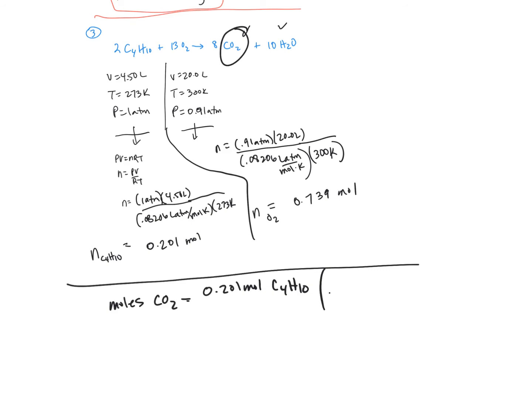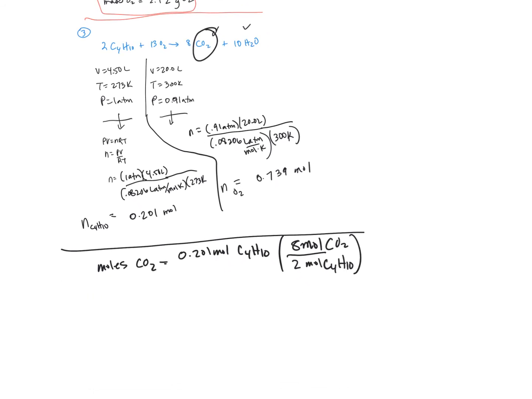So you want to say that there are 8 moles of CO2 produced for every 2 moles of C4H10 consumed. Okay, so it's 4 times that will be the moles, so 0.804 moles of CO2 will be formed if C4H10 is the limiting reactant, but let's see, we don't know that yet.